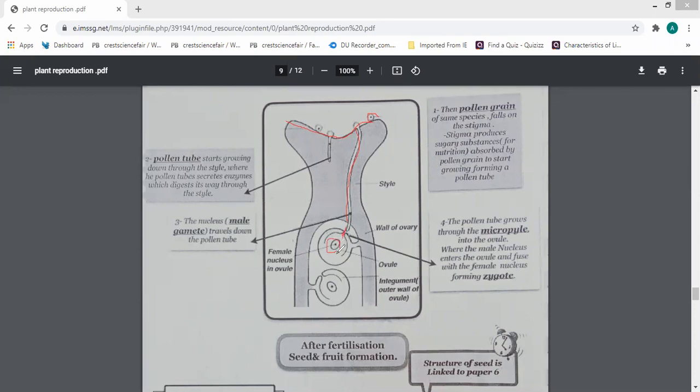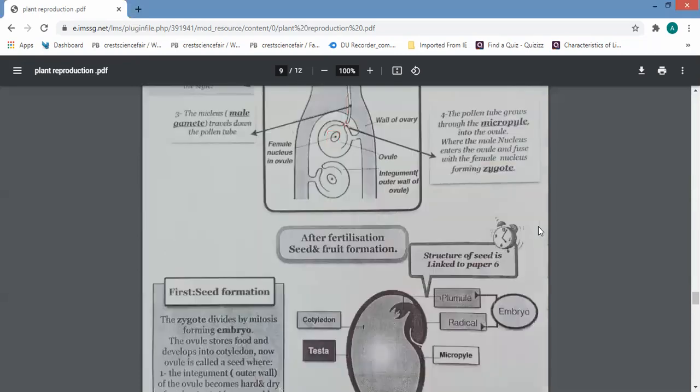Then the fusion occurs between the nucleus of the pollen grain and the nucleus of the egg. After the fusion of both nuclei, male and female, the zygote will form. After fertilization, the two nuclei fuse together.